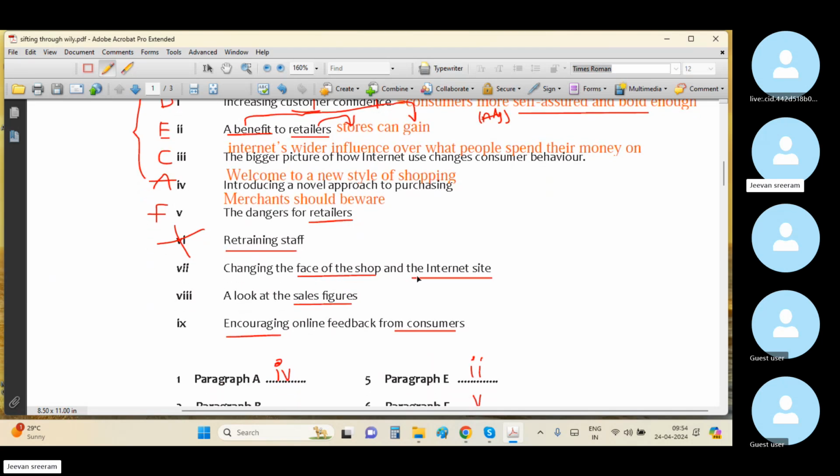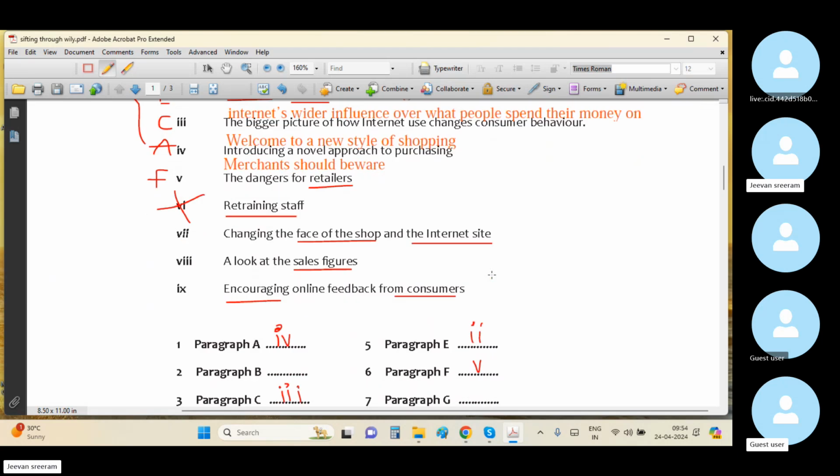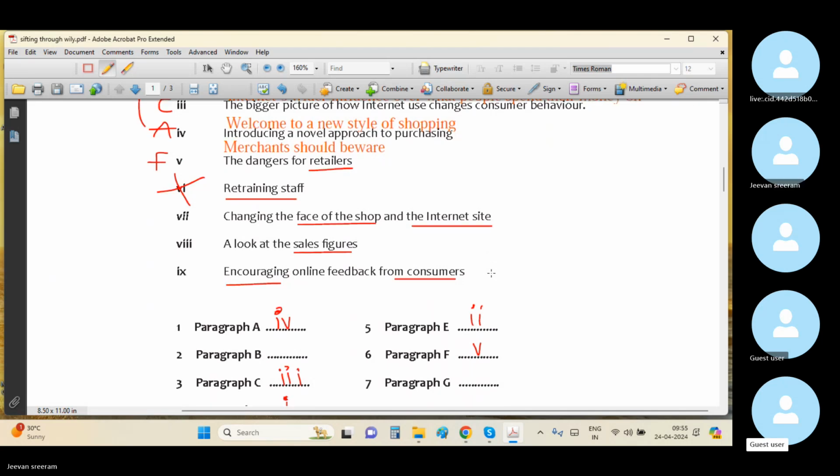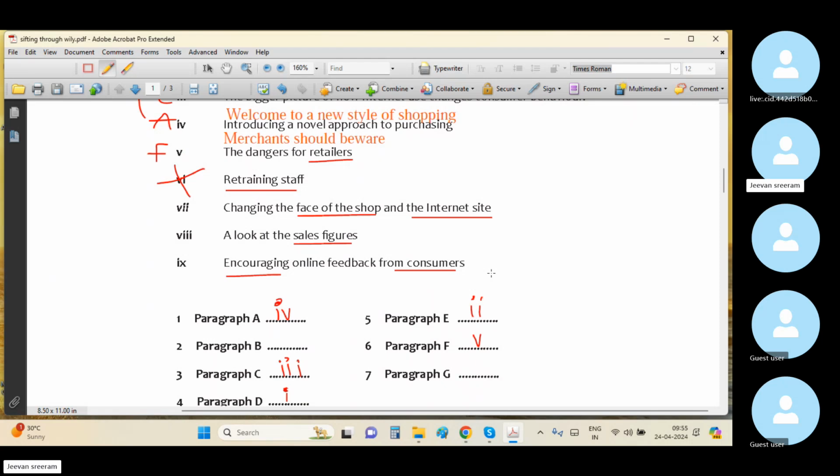So, changing the face of the shop and internet site. Have you seen its meaning anywhere? Changing the face of the shop means they may change the way they do business. The business methodologies might have changed. So, which paragraph?